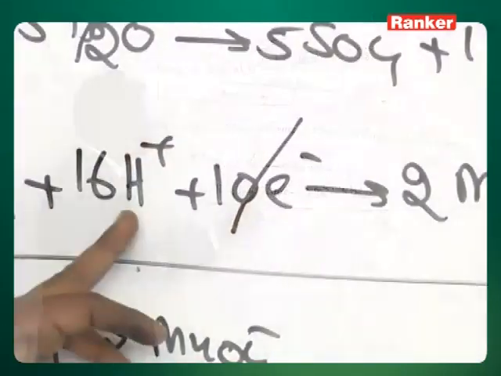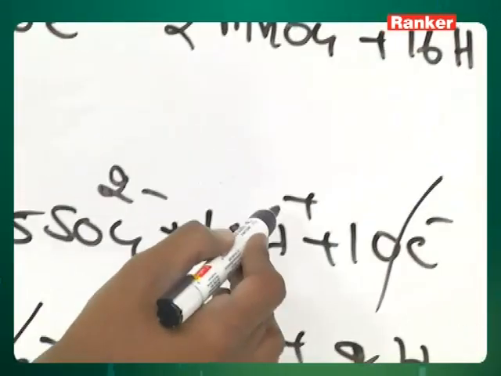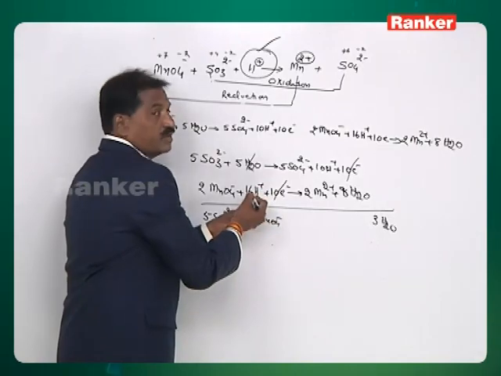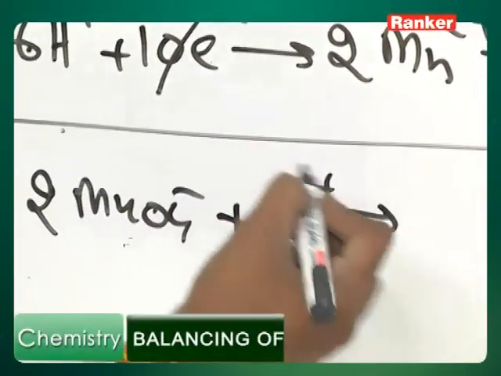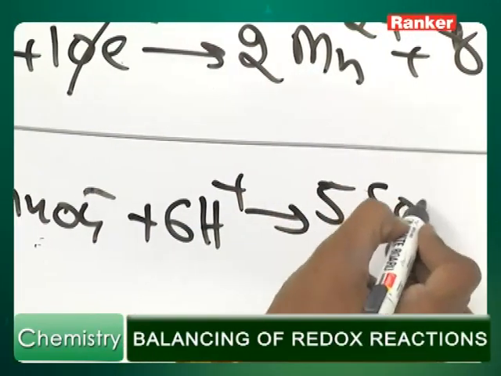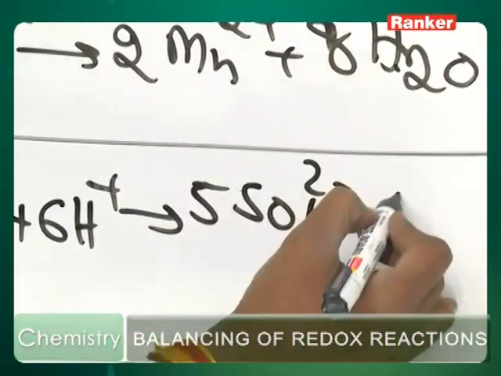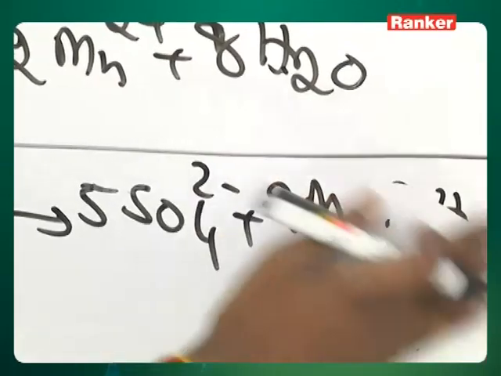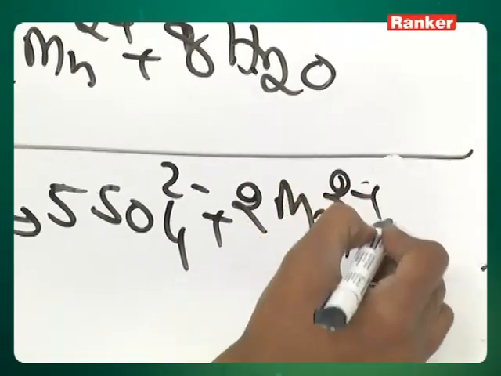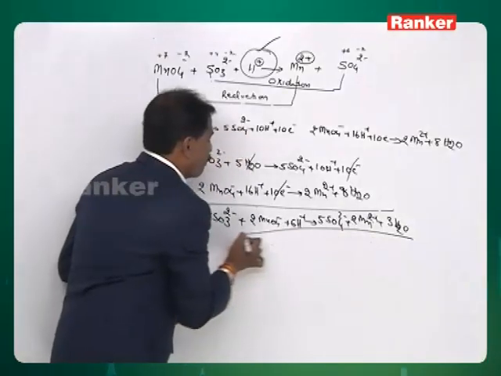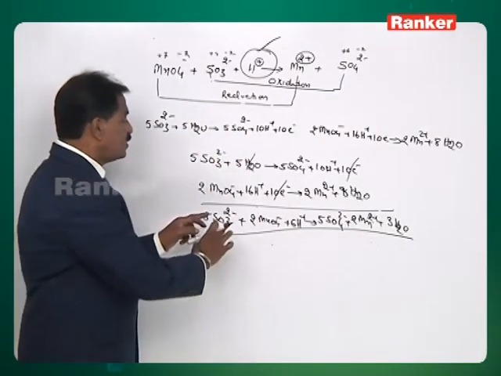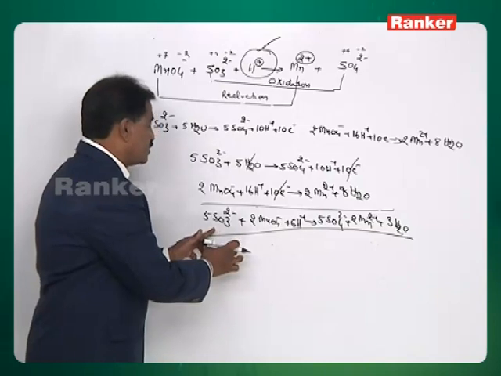Next here 16H+, here 10H+. Out of this, 10 and this 10 will get cancelled. Here 6H+ will be left. Next here 5SO4 2- plus 2Mn2+ plus 3H2O. This is the net derived reaction.